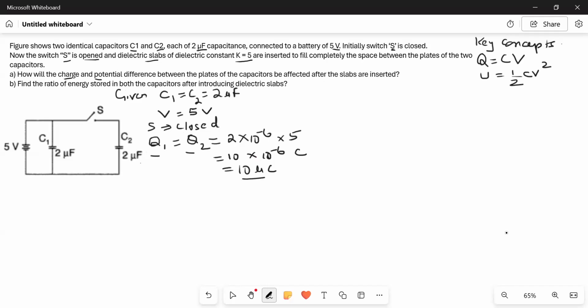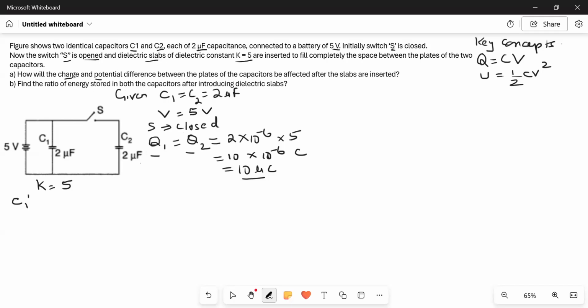Now what is done is dielectric slab of dielectric constant K equal to 5 is inserted completely between the plates of the two capacitors. So when the dielectric slab is introduced, the capacitance of the two capacitors will change.